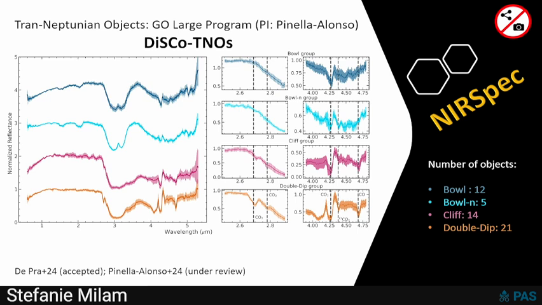So the lead author, Noemi Pinilla-Alonso, and her group now have a couple of papers that are accepted and in work, basically describing this new classification of trans-Neptunian objects. And they call them the bowl, the cliff, and the double dip. This is based on statistics of what these spectra look like as far as the water absorption and carbon dioxide absorption features. Really exciting stuff.